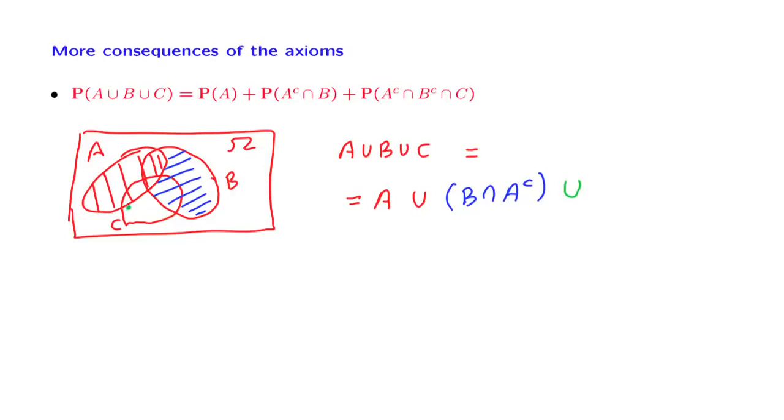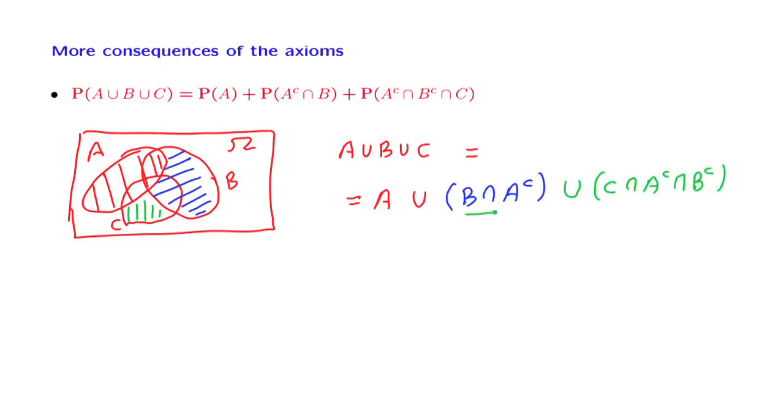What is left is that part of C that does not belong to A and that does not belong to B. So that part is C intersection with A complement and B complement.